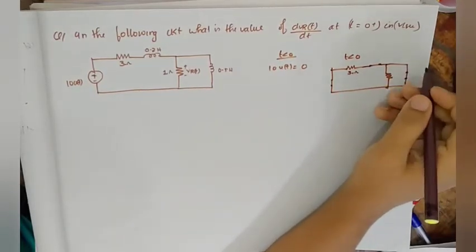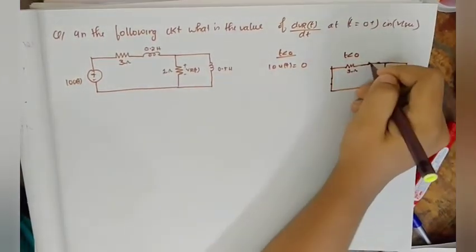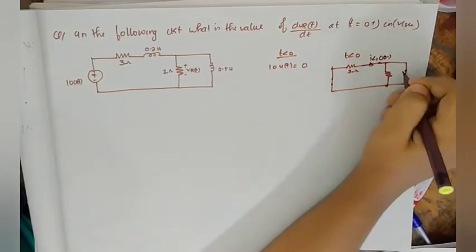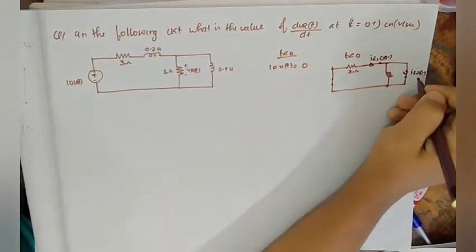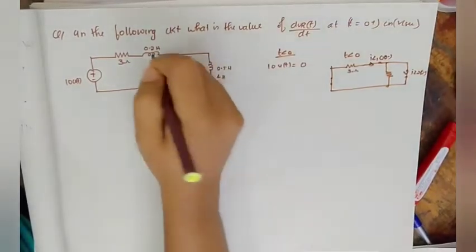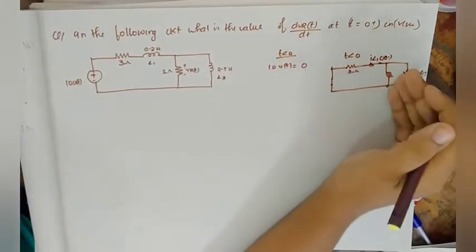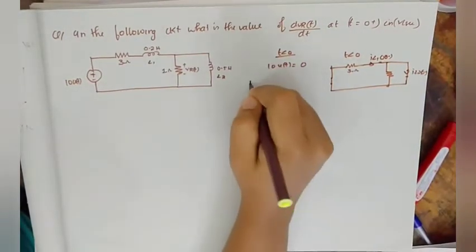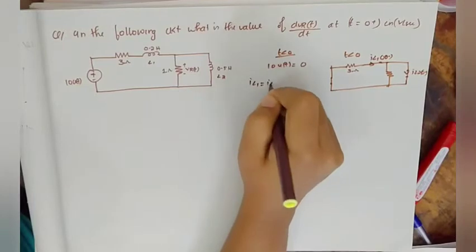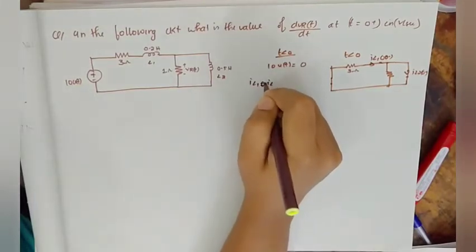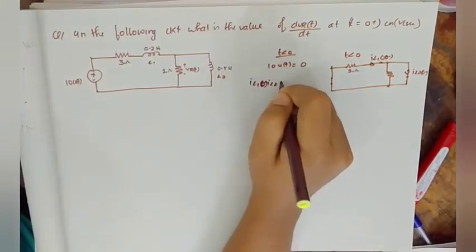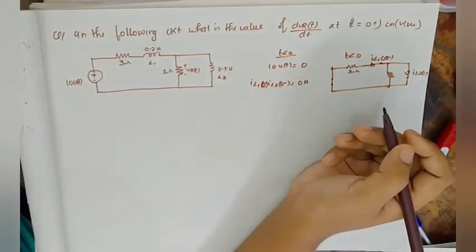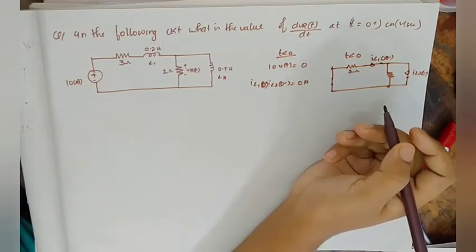And in this case there is no source, then this is IL1 of 0 minus, and this is IL2 of 0 minus. Let this be L1, this be L2. So the current through inductor 1 is IL1, and the current through inductor 2 is IL2. So IL1 of 0 minus and IL2 of 0 minus are both equal to 0 ampere, because there is no source, because 10 u of t is equal to 0 for t less than 0.